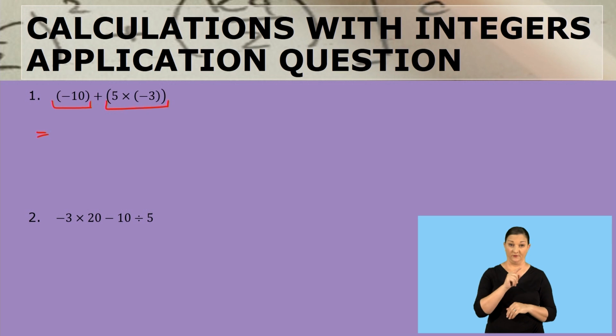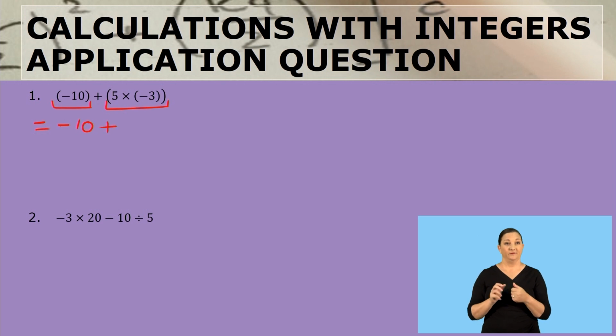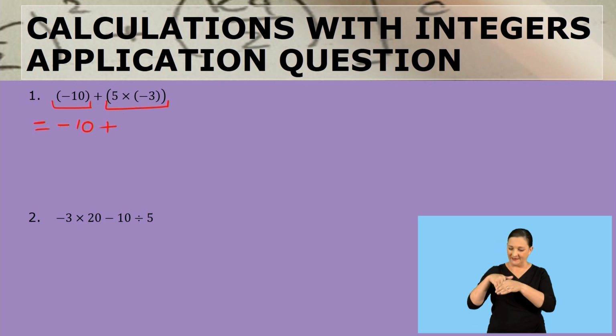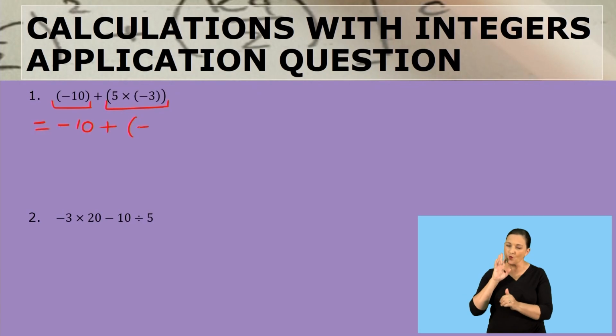That means we are going to say there that the negative 10 plus, and we are going to work with what is in the bracket there, that is the 5 multiplied by a negative 3. Remember, if I'm multiplying a positive number with a negative number, then my answer is going to be negative. And the answer from there is 5 multiplied by 3, and that is a 15.